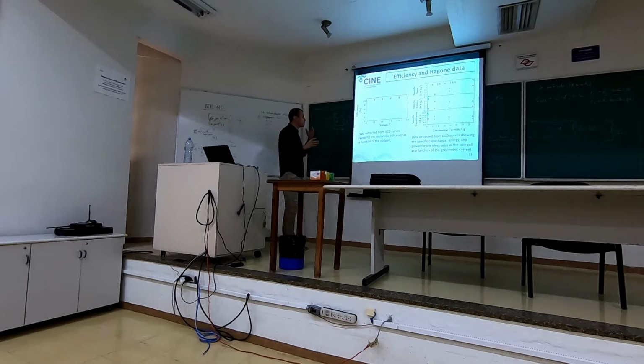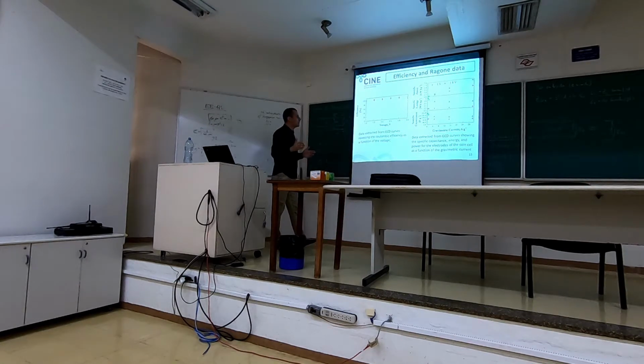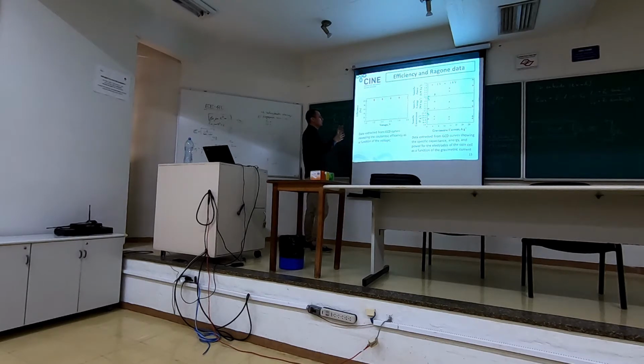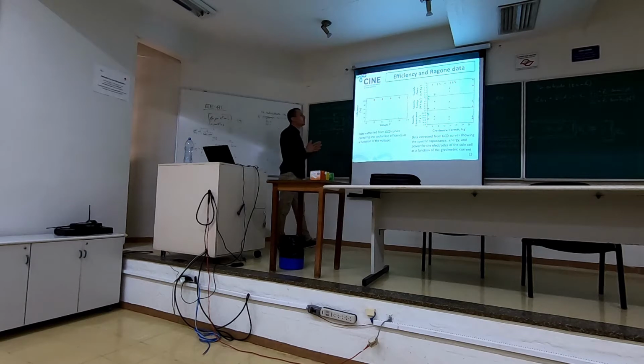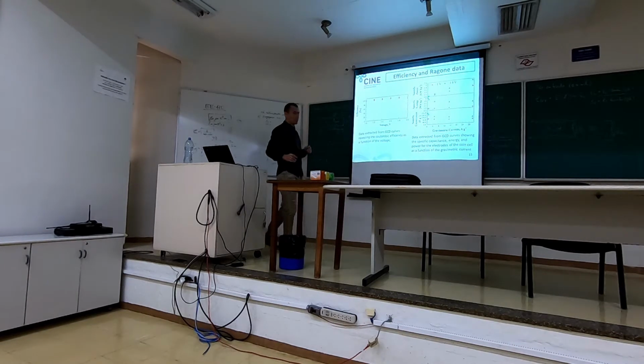Here we can see on the left side the data extracted from the GCD curves showing efficiency as a function of the voltage, and on the right side we can see specific capacitance, specific energy, and specific power as a function of gravimetric current.